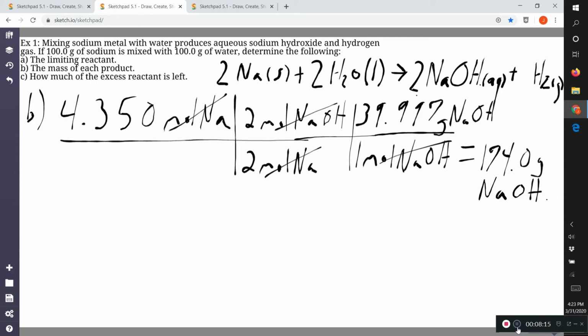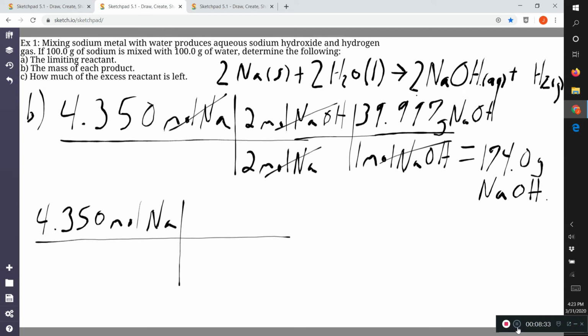We're going to do a similar calculation for the other product, which is hydrogen gas. So we start with what we know, our limiting reactant, 4.350 moles of sodium. Now we got to apply our ratio here. There are 2 atoms of sodium, so that means 2 moles of sodium is going to be ratioed to 1 mole of H2 gas.